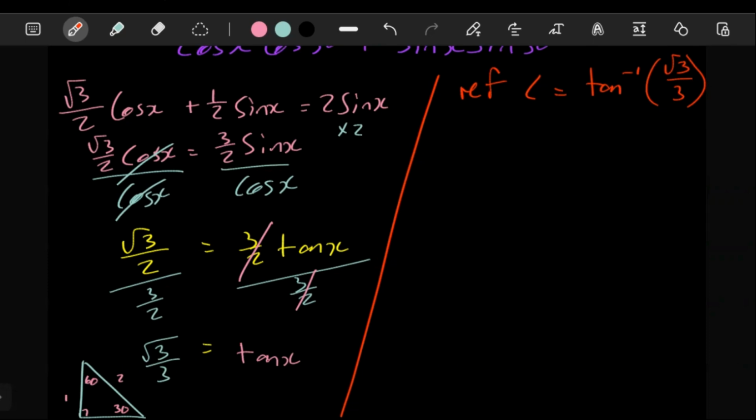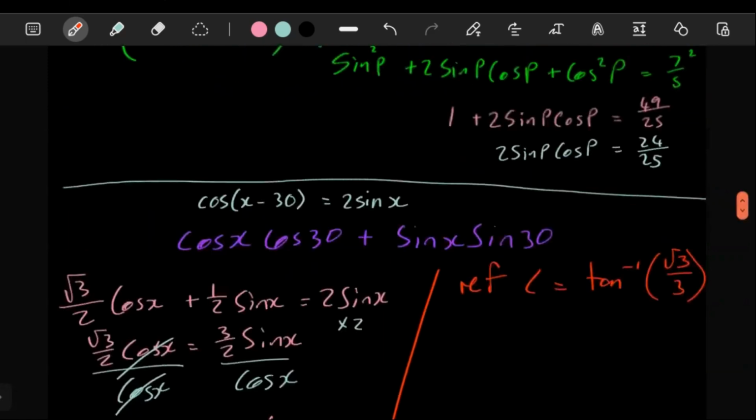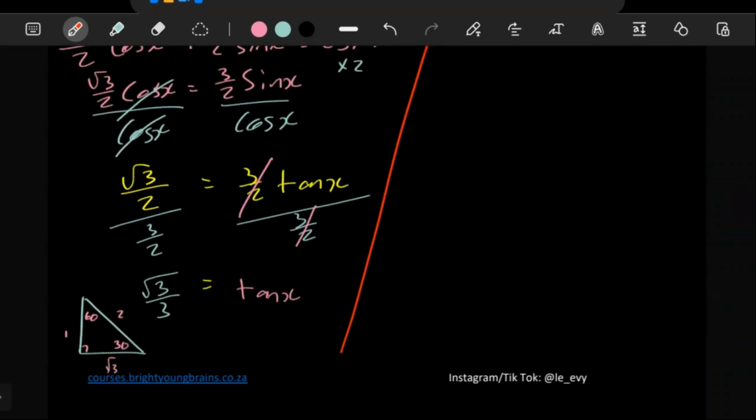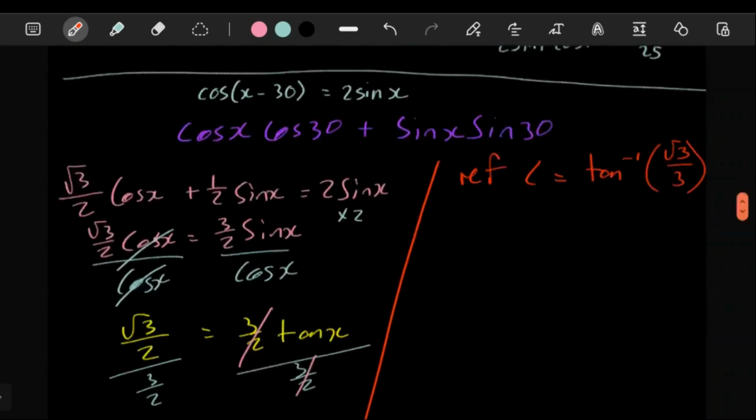So with everything that we have just mentioned, what is the reference angle going to give us? 30. Is it giving us 30 though? Yeah, because wait, why wouldn't it give us 30? No, it doesn't make any sense. Let me grab my calculator quickly so that I can double check. Shift tan, oh no, it's not going to give us a 30. The reference angle is not a 30, bro.